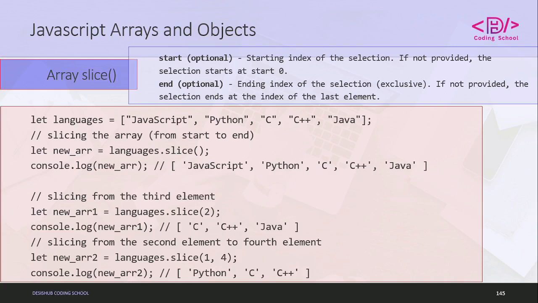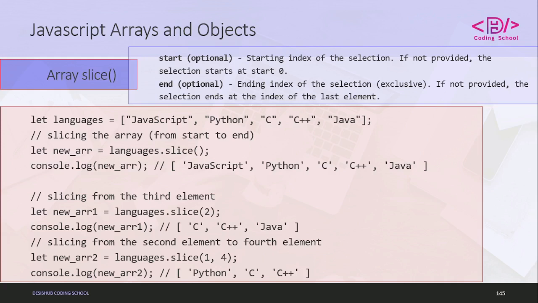And the end argument is also optional, and the ending index of the selection is always exclusive, and if not provided, the selection ends at the index of the last element. So if you don't pass in anything, it is going to go up to the last item.